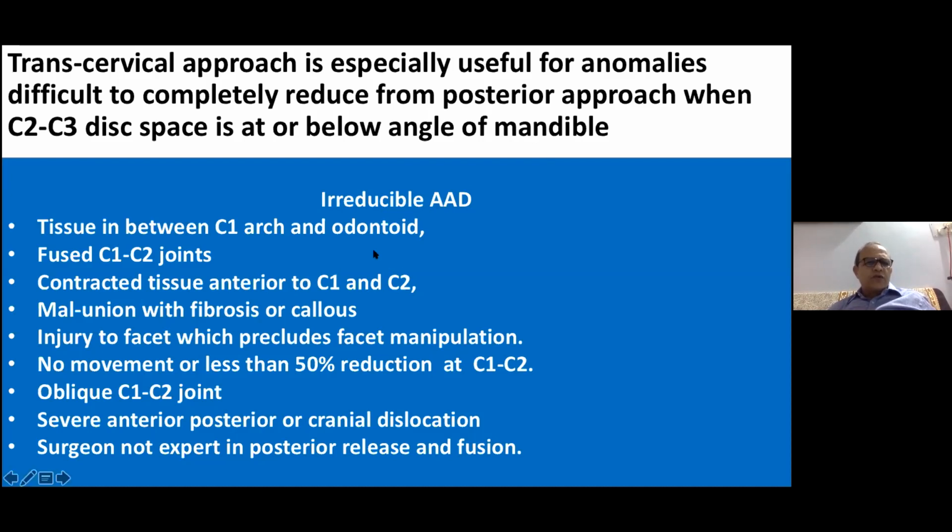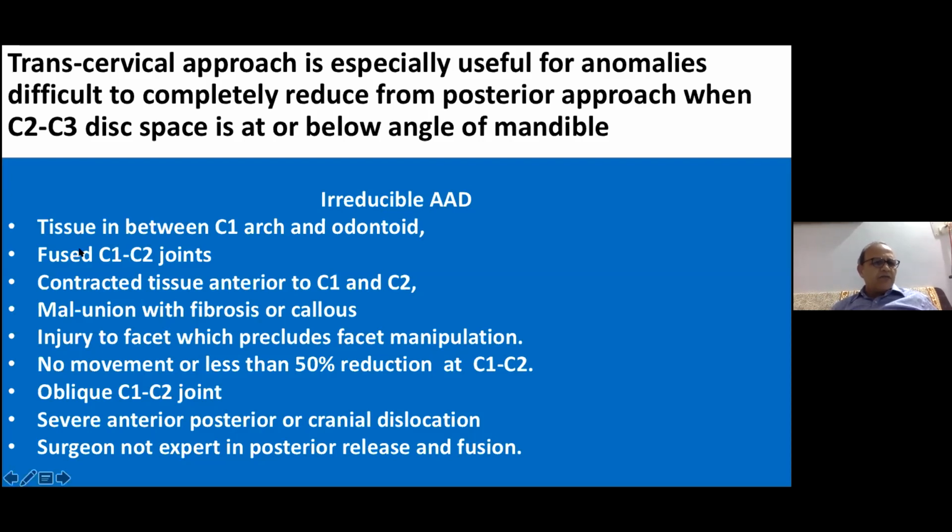So what are those factors or lesions which cause irreducibility in AAD? When there is a tissue in between the C1 arch and odontoid process, such as fibrosis or a callus, obviously you cannot reduce, irrespective of whatever amount of force you use.